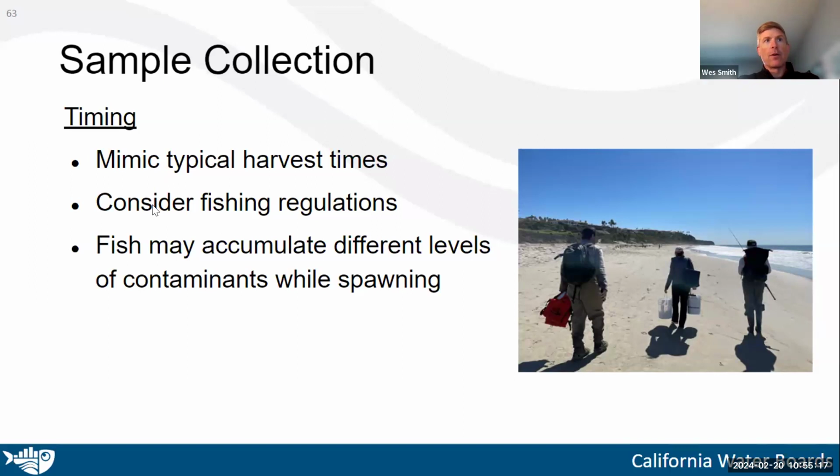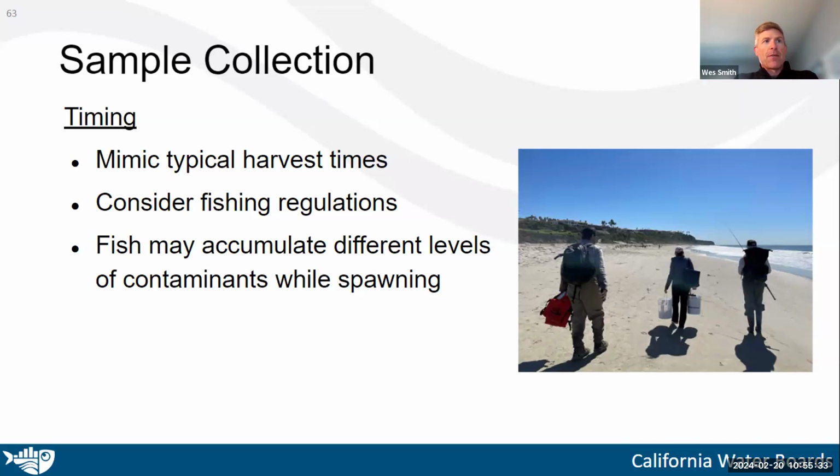And we also generally look at fishing regulations for people to think about when sampling is done, both with respect to seasons and sizes, which I'll get to in a minute.